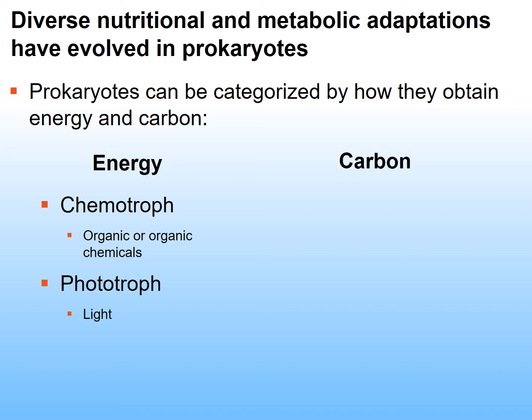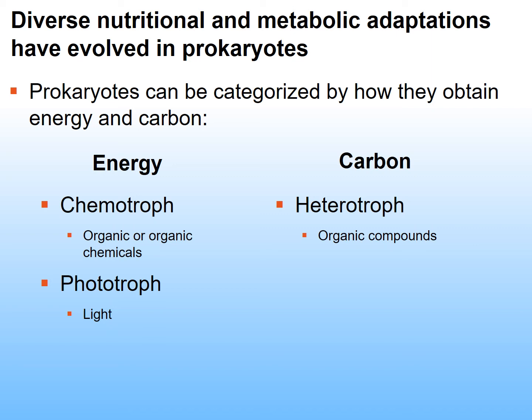Inorganic things might be things like hydrogen sulfide, ammonia might be one of those things. Now, in terms of energy, some prokaryotes can be what's called phototrophic or phototrophs. Of course, photo meaning light, right? So these organisms obtain their energy from light.